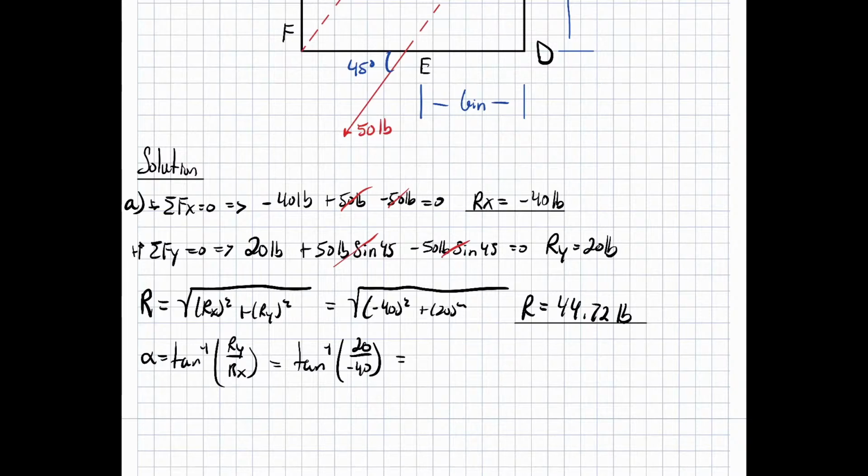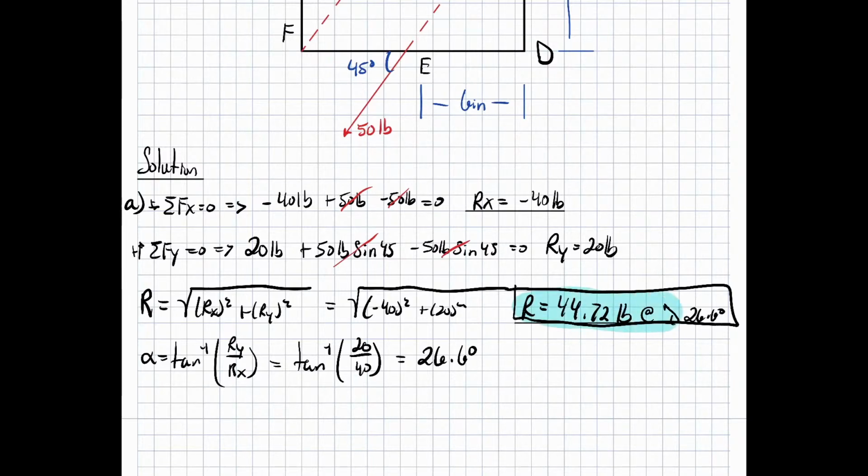This is going to come out to a negative degree. You really don't need the negative sign, because you're kind of taking the absolute value, since it's just a degree. We already know what it's going to be doing based off of our x and y coordinates. So we get 26.6 degrees. So at angle 26.6 degrees.